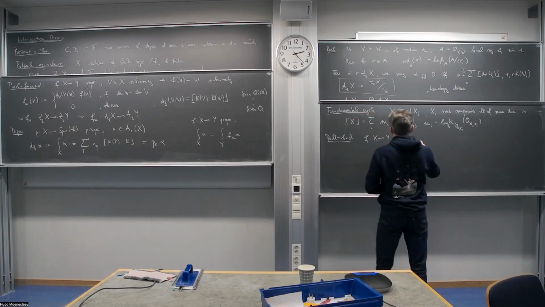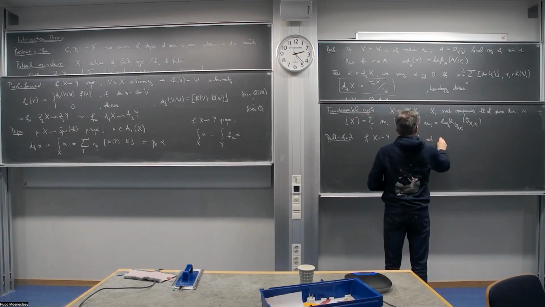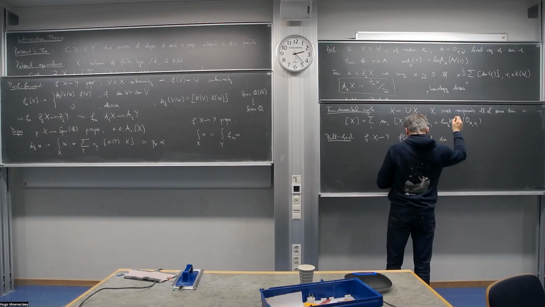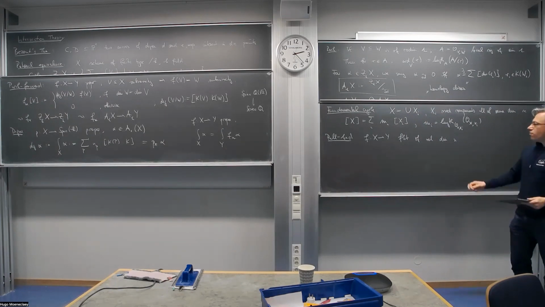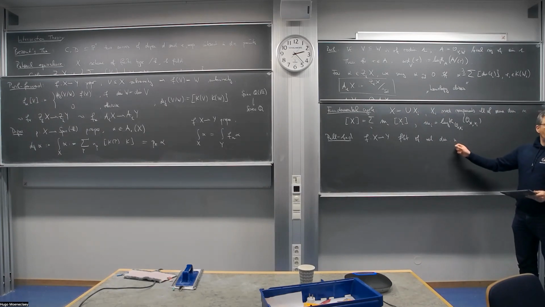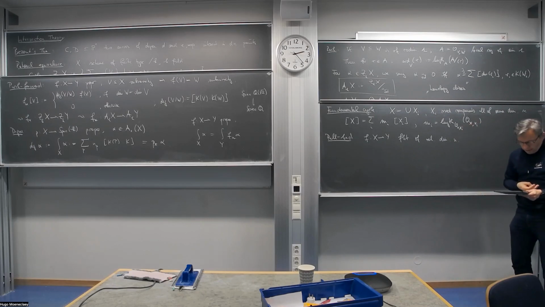So that needs to be flat of relative dimension n, and it could be an open embedding or a projection, or when I have an affine bundle, it could be the projection map to the base. These are all flat morphisms that are useful.